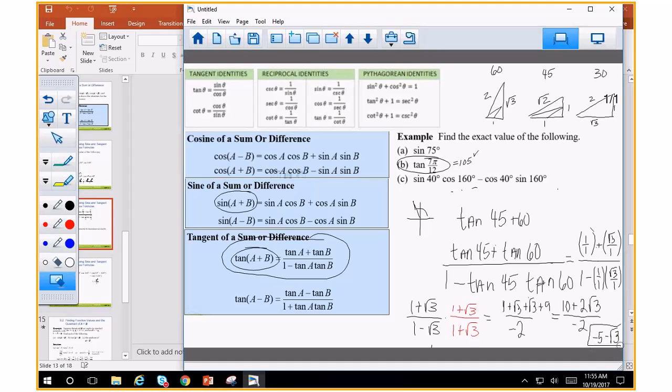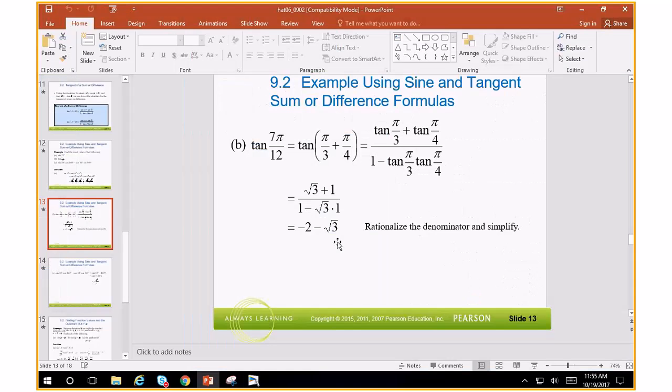What was their answer? It was negative 2, negative square root of 3, like you said. Negative 10? How'd they get negative 10? Negative 2 minus square root of 3. Okay? Yeah, I didn't say 10. I thought I said 2.